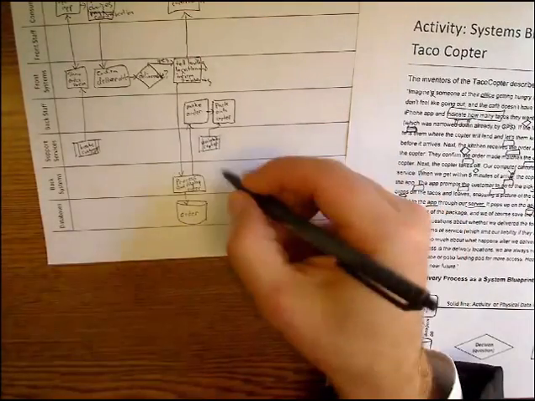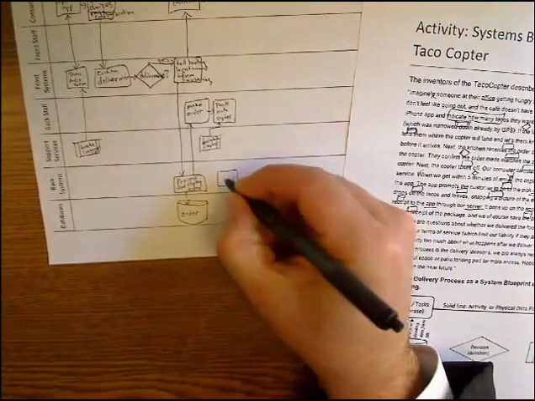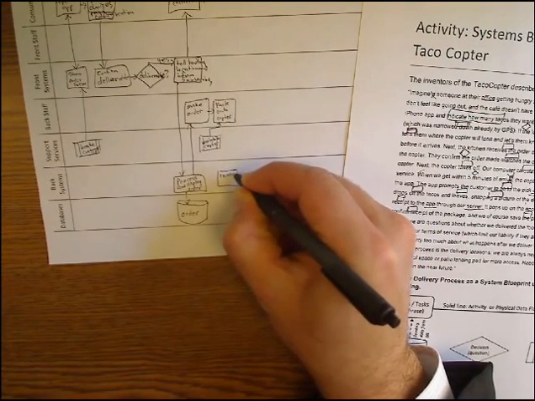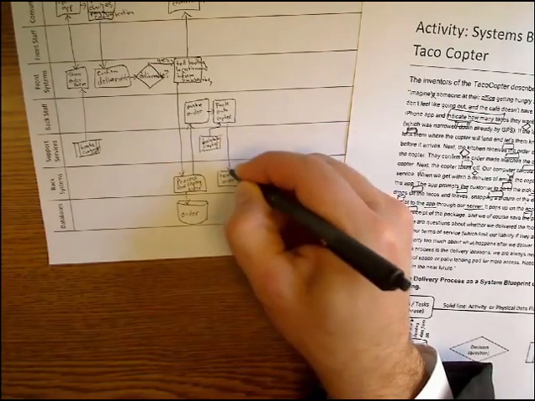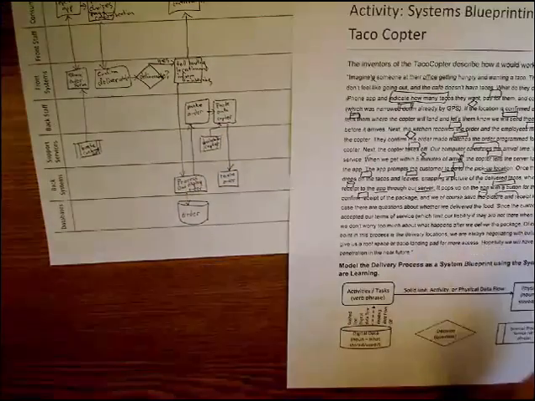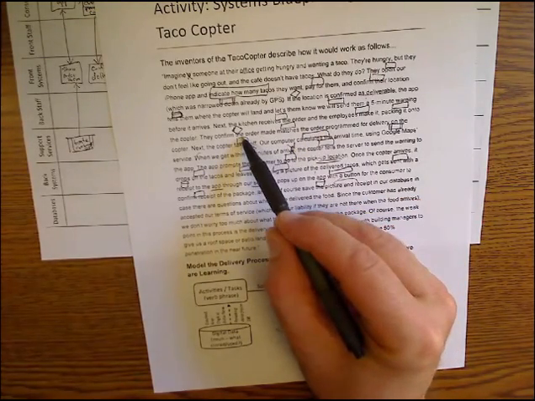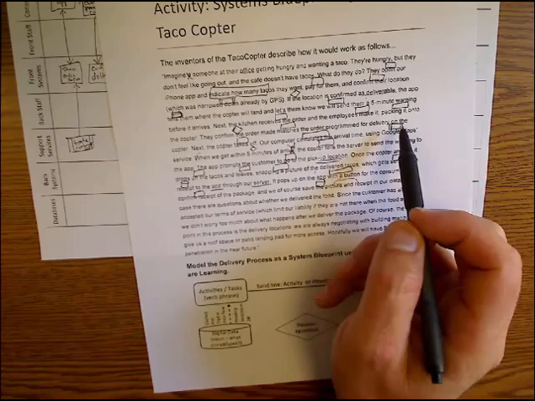At this point the copter is back here. So receive order. So here they're going to pack it in. And now they confirm the order made matches the order programmed for delivery on the copter.